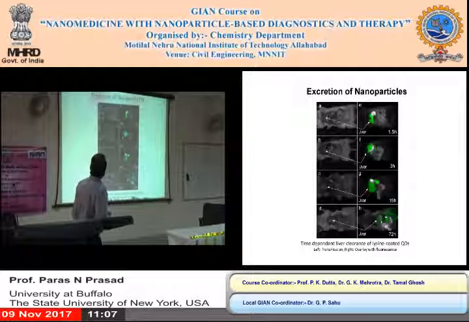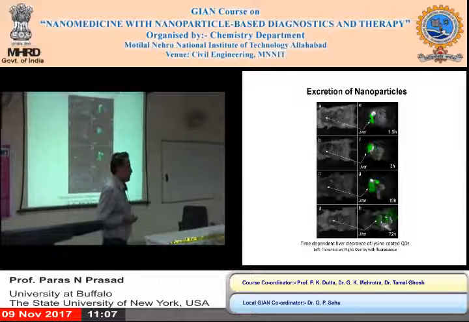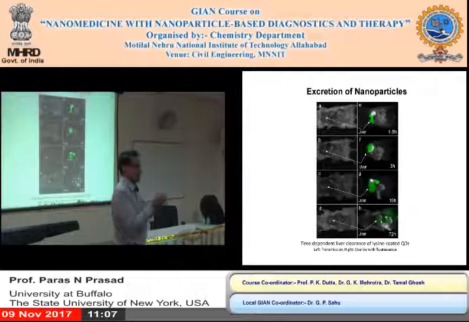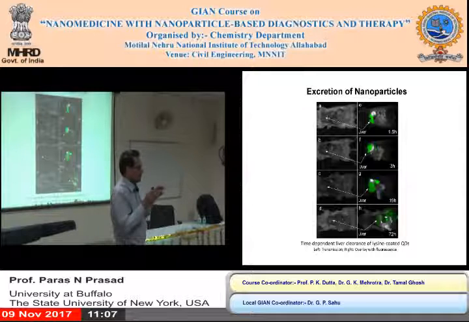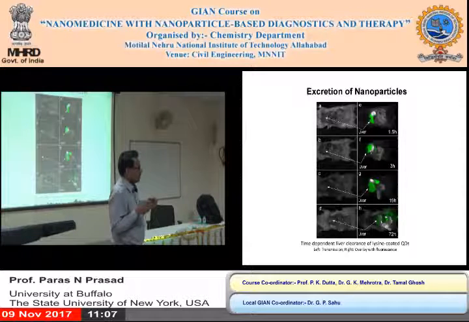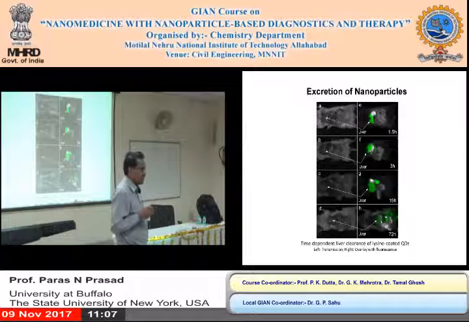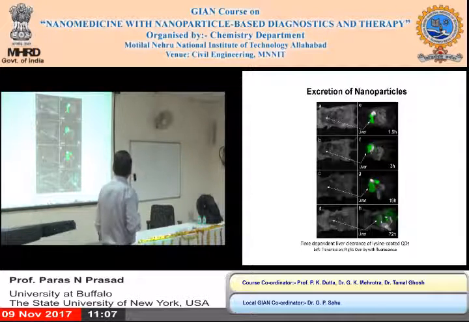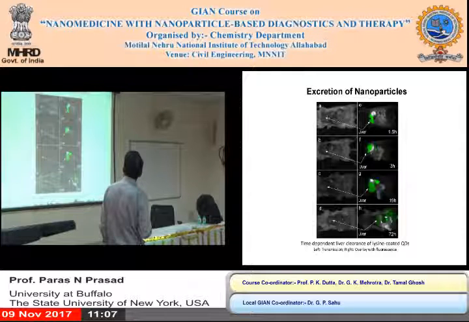Now again, as I said, you want to make sure the nanoparticle doesn't stay in the body. Either it is broken up into little pieces and is excreted, or it's small enough that a whole intact nanoparticle can come out. So you can also optically monitor that. You can see that nanoparticles are lesser, for example, in the liver.